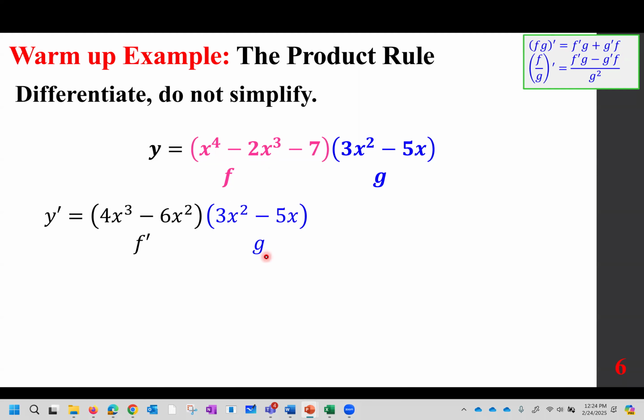So f prime g plus g prime, 6x minus 5, times f, x to the power 4 minus 2x squared minus 7. Granted, this is not finished, but this is the only calculus step. The rest would be a bunch of algebraic steps for you to finish.